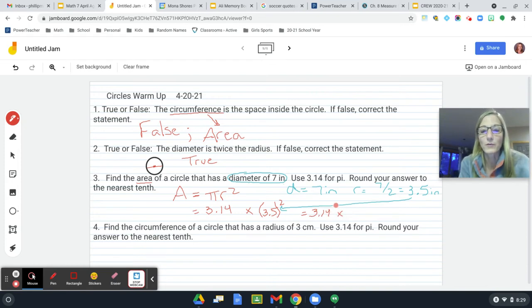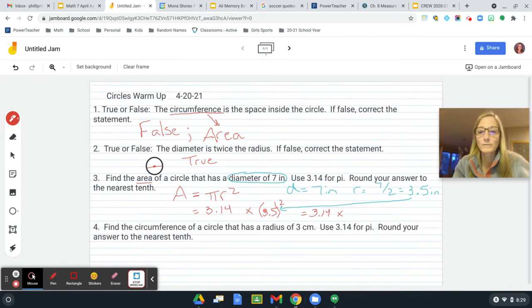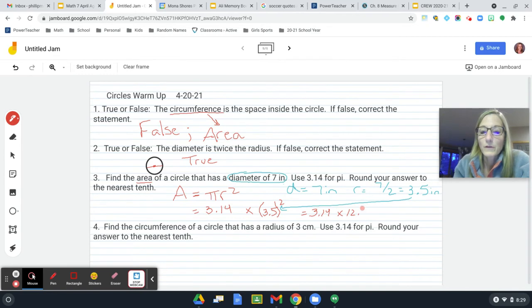I do my 3.5 squared. Okay, here is your radius squared, so 12.25. Plugging that in. And now we can multiply that by 3.14.